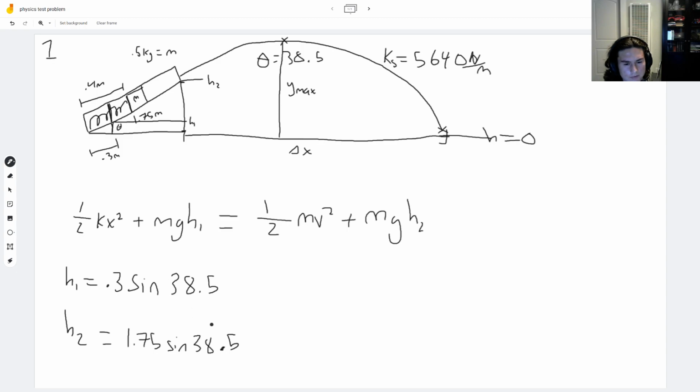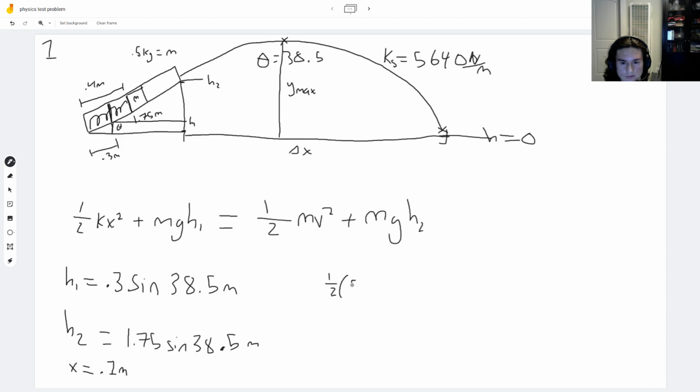Now that we have these two heights, we're going to verify our x value. x is how much the spring was compressed. In this case, it was compressed from 0.4 meters to 0.3 meters, a difference of 0.1 meters, so x equals 0.1 meters. These are also meters, but it doesn't really matter. Now we're going to plug our values into our equation, which gives us 1/2.